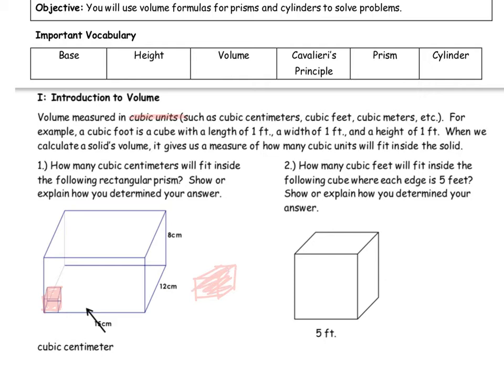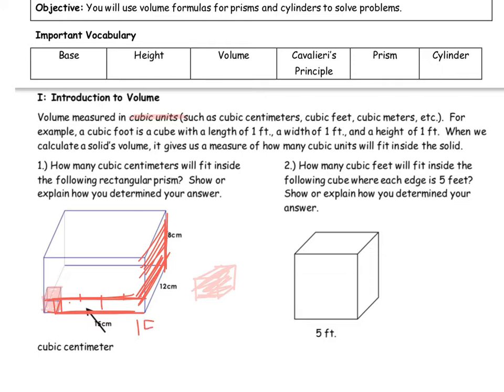And when we're finding the volume of a figure, we're finding how many of those little cubes fit inside the figure. So in our first example here, we have 15 cubic centimeters going this way, 12 cubic centimeters going this way, and then they're stacked up 8 rows of them.